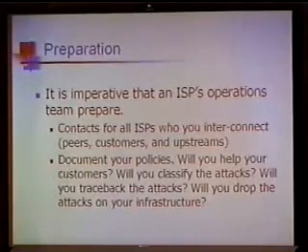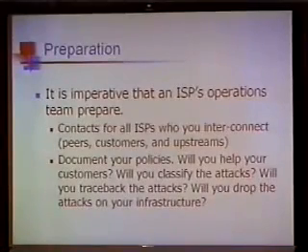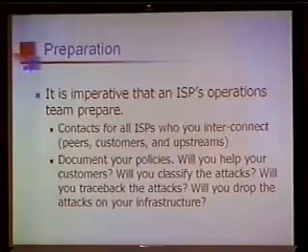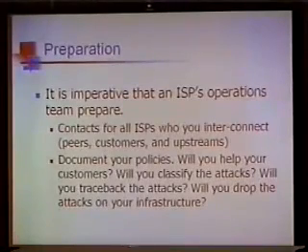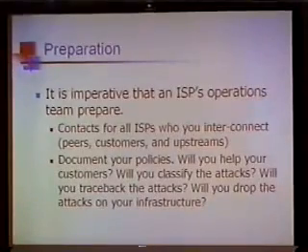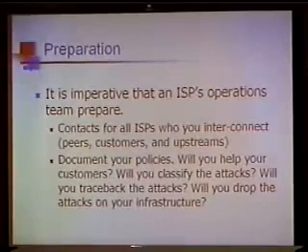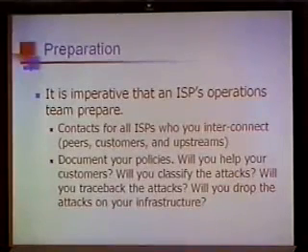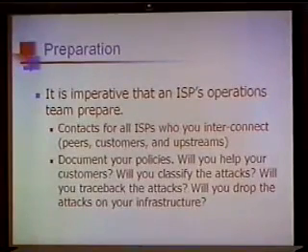So it's simple stuff. It's a matter of just spending the time and sitting down and creating either an internal database, a file, or just a book with a grease pencil, where you have the contacts of your peer connections, the circuit IDs, and the phone number of somebody on the other side of the NOC who can put an access list on or do a traceback command.